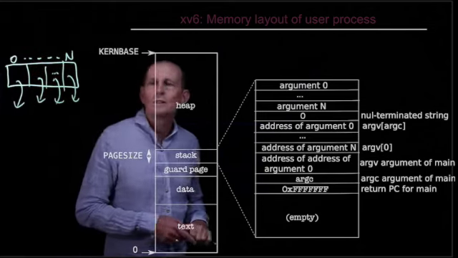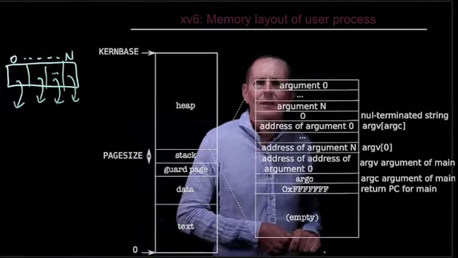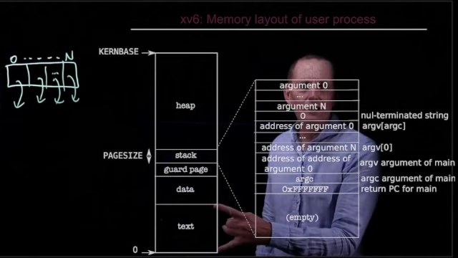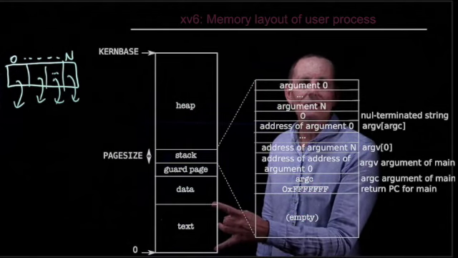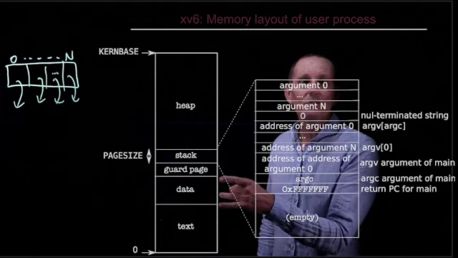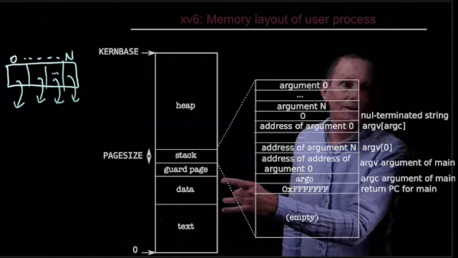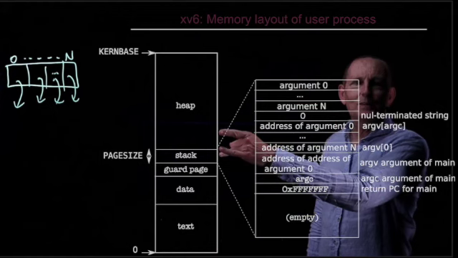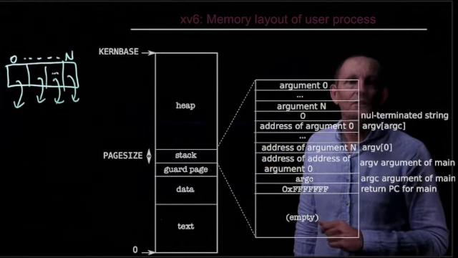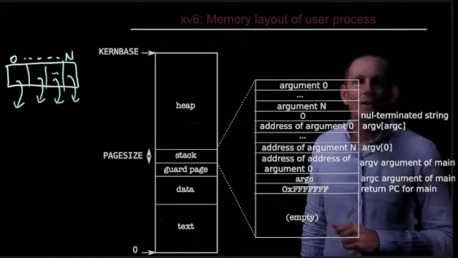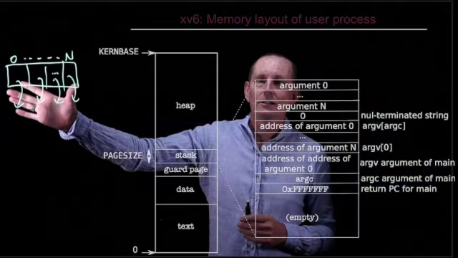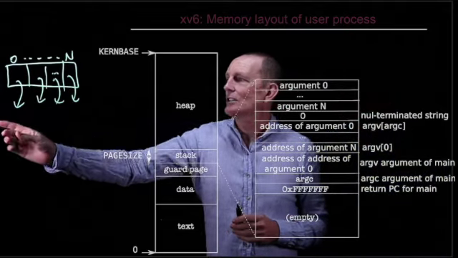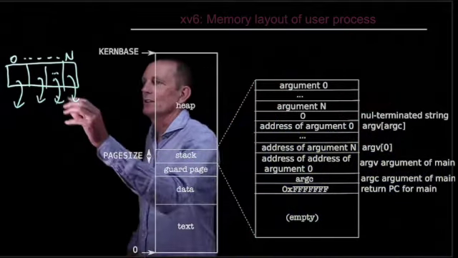Well, the question is, where are we going to keep that? If we look here, we can't keep it in the text. We can't keep it in the globals because the process might not have made any space in there for the globals. We could possibly try and allocate memory in the heap, but really the way we do it is we put it on the stack. So we are going to have the array here on the stack, and we're going to actually have each string here on the stack too.